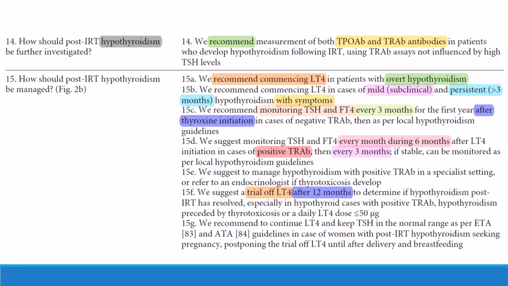And actually we should do a trial of stopping levothyroxine after 12 months to determine if hypothyroidism has resolved or not.